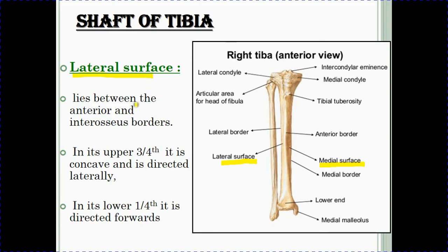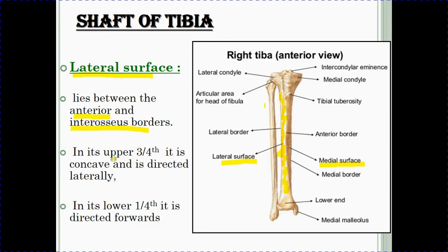Now the lateral surface lies between the anterior and the interosseous border. When you look into the figure, this whole surface which is present between the anterior border and the lateral border is called the lateral surface.